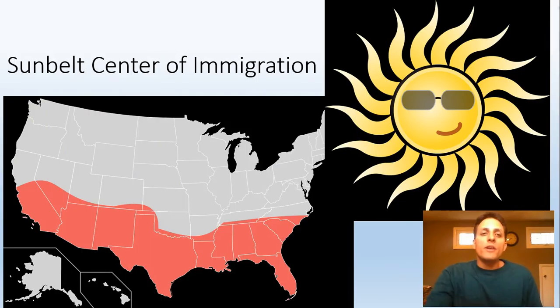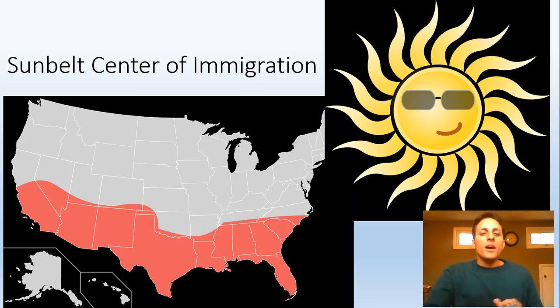Now, when you look at where immigrants post-1965 are living, it's not where you would traditionally associate with large centers of immigration. We tend to think of centers of immigration as being the industrial cities of the Northeast and the Midwest, but they're mostly living in what's known as the Sun Belt region, which is the Southeast and the Southwest of our country.